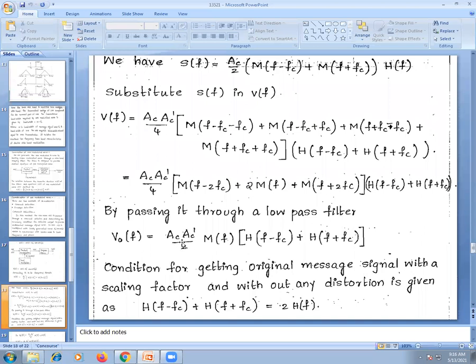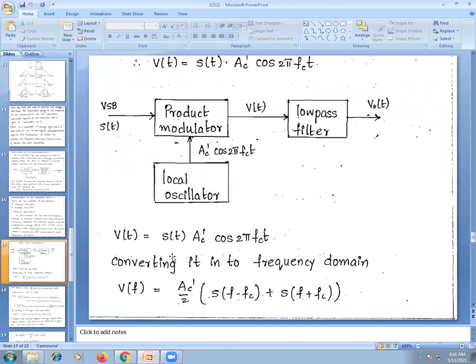The remaining component is AC by 2 M of f, H of f minus fc plus H of f plus fc is eliminated. The condition for generating the original message signal with a scaling factor and without any distortion is H of f minus fc plus H of f plus fc equal to a constant into H of 0, where H of f is the transfer function of the low pass filter.